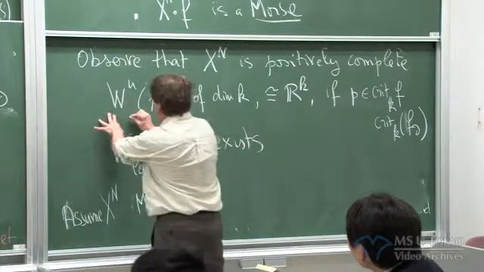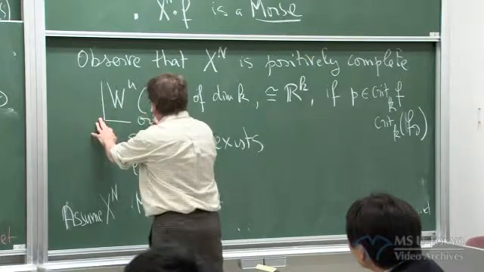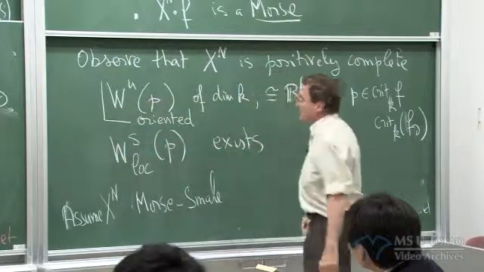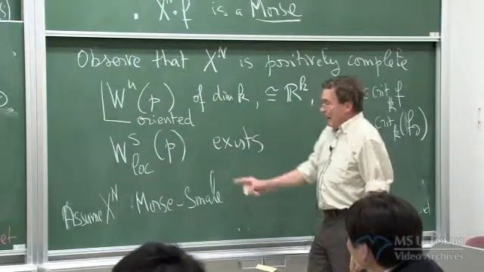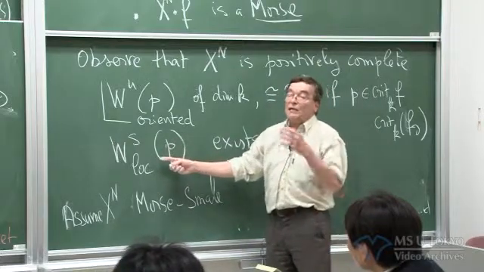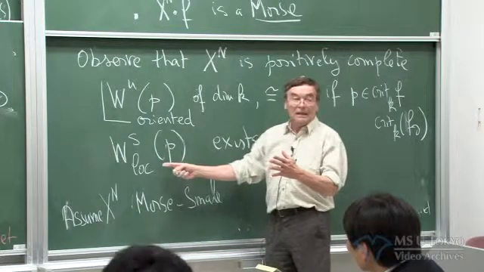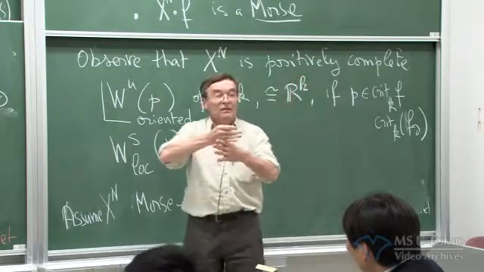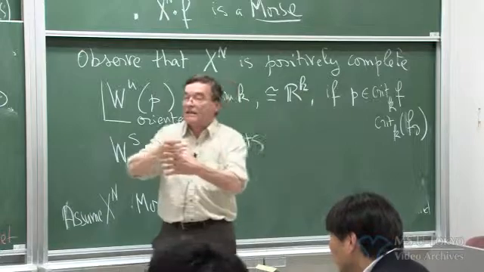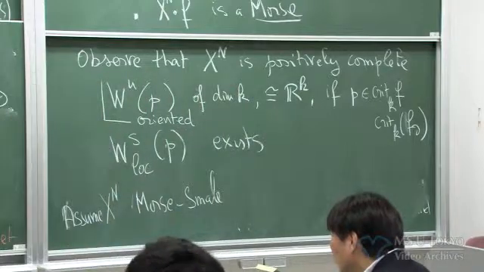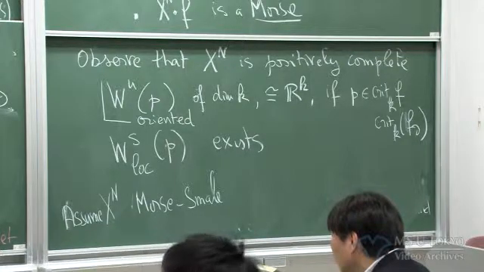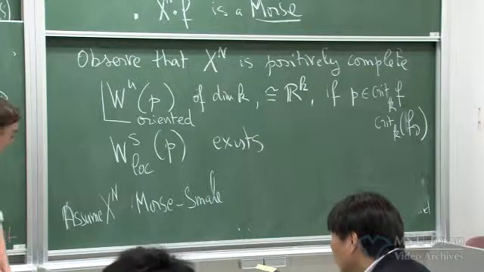So you choose an arbitrary orientation for the unstable manifold. And so the local stable manifolds are co-oriented. But it is exactly what you need for counting signs when you intersect something which is oriented with something which is co-oriented. You can count the signs. And you write down the usual formula.